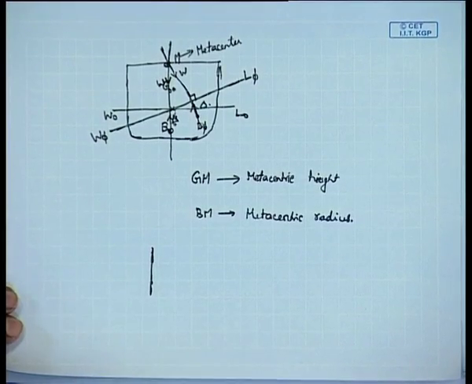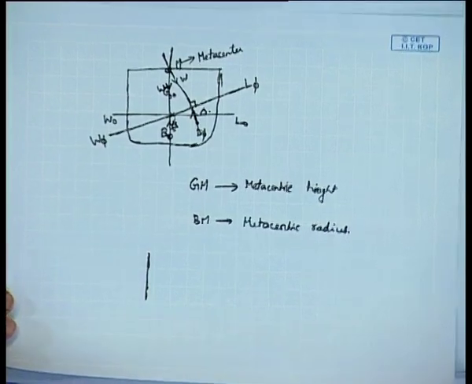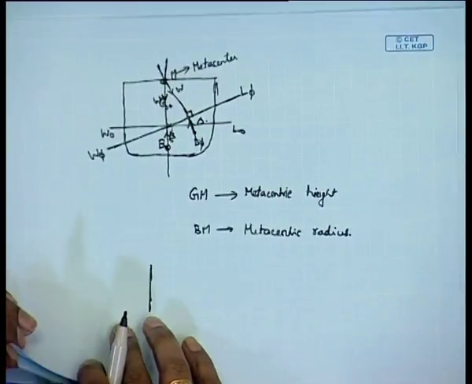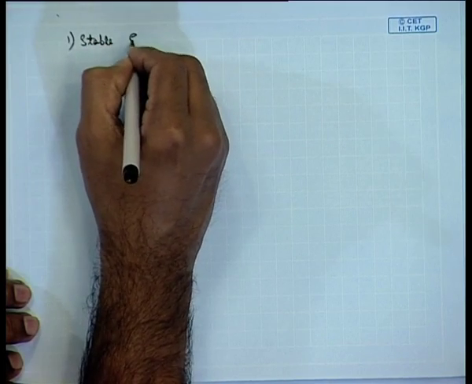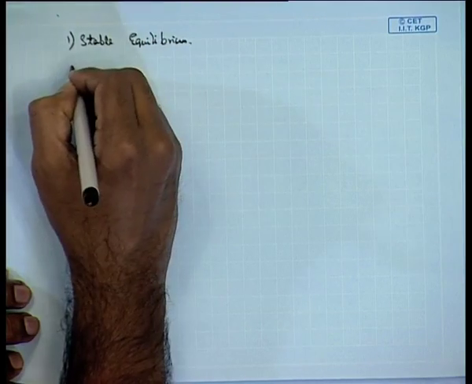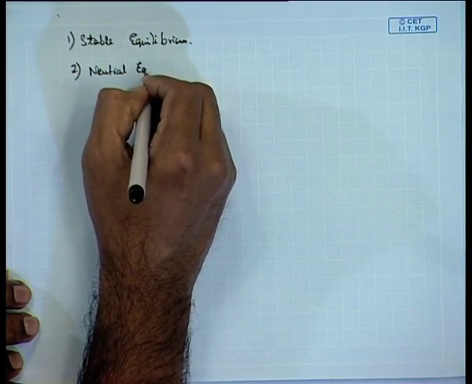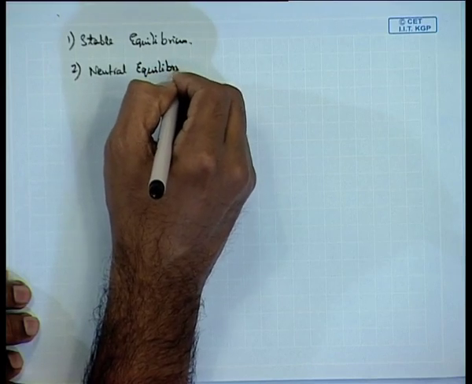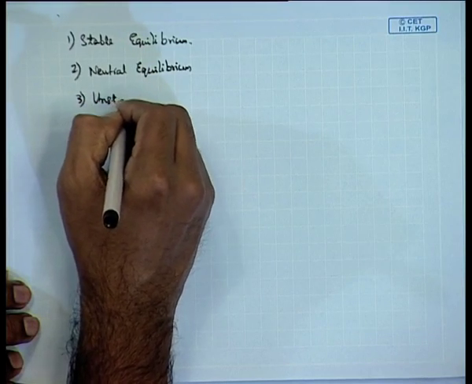Before we do that, we have to define what equilibrium is. In general, we say that there are three types of equilibrium: stable equilibrium, neutral equilibrium, and unstable equilibrium.